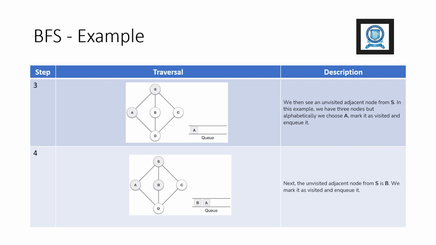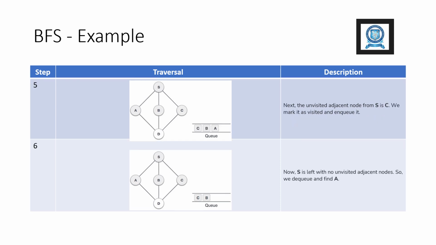And in third step, we see an unvisited adjacent node from S. In this example, we have 3 nodes, but alphabetically we choose A, mark it as visited and enqueue it. In the next step, the unvisited adjacent node from S is B. We mark it as visited and enqueue it. And in the next step, the unvisited adjacent node from S is C. We mark it as visited and enqueue it.